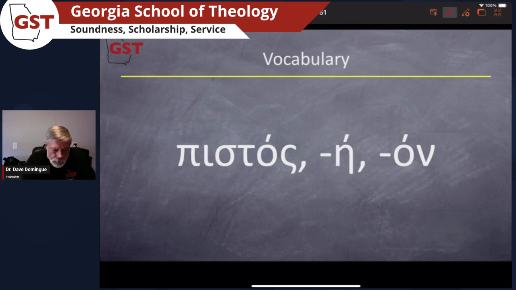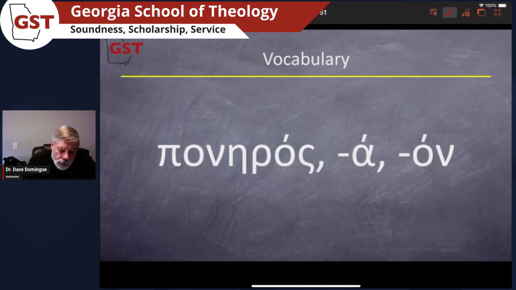Okay, and then pistos, again our adjective form, in the masculine, the feminine, and the neuter. Pistos, piste, piston: the faithful one, or plural, faithful ones. Faithful or believing one, believing ones. Poneros, there's our evil or bad.